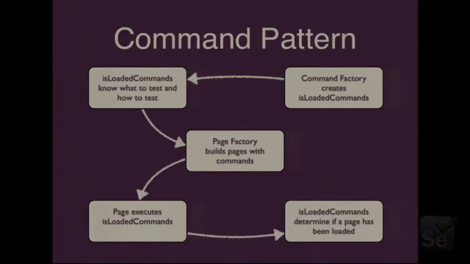Then, as described, is-loaded commands will determine whether or not the page is loaded. So note here that the page didn't actually determine whether or not the page itself was loaded. The is-loaded commands determined whether or not the page was loaded. So now all of a sudden, my page object really has no concept of whether or not it's even ready to go. It's relying on another piece.